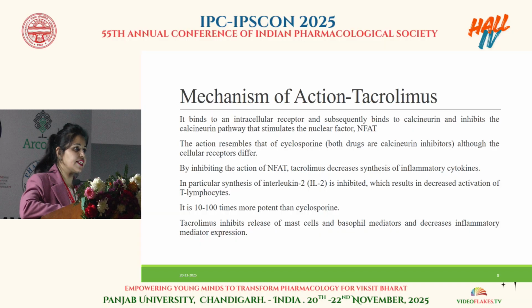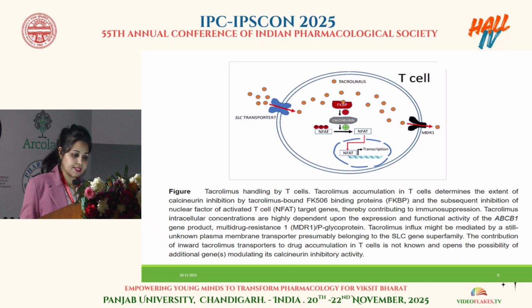So this will decrease the IL-2, interleukin 2, expression, and further it suppresses the T lymphocyte activation. So likewise it causes its immunosuppressive effect. So this is the mechanism of how the tacrolimus drug works in the cells.